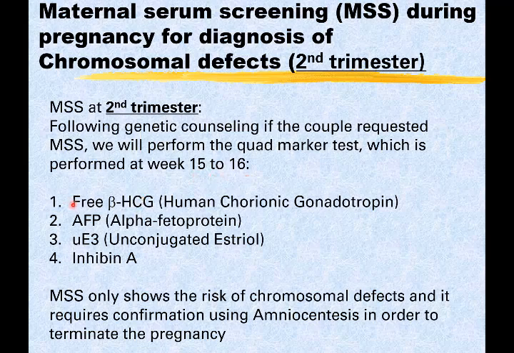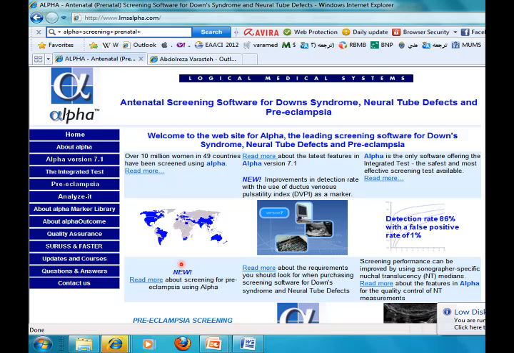In the quad marker, we measure 4 items: free beta HCG, alpha fetoprotein, unconjugated estriol, and inhibin A. And so here, doing the second trimester testing plus the first trimester combined testing, we usually have a detection rate of about 85%.